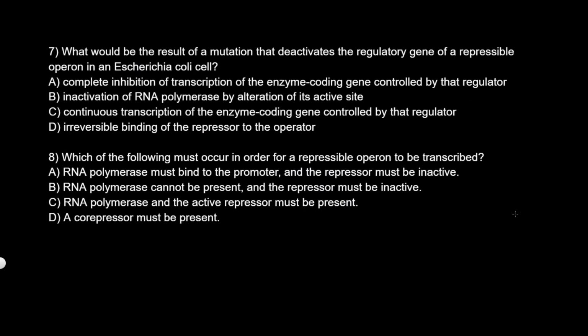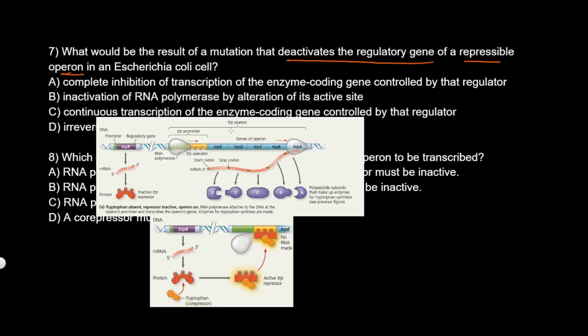Number 7 first. What will be the result of a mutation that deactivates the regulatory gene of a repressible operon? Okay, let's bring that picture back again. This is a picture of the Trp operon again, which is a repressible operon. What will happen if there is a mutation at the regulatory gene? If this is mutated, then you're not going to have a functional repressor protein.